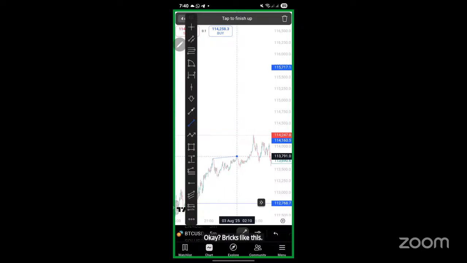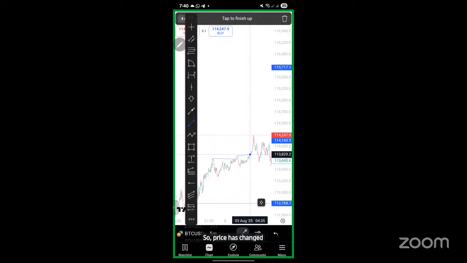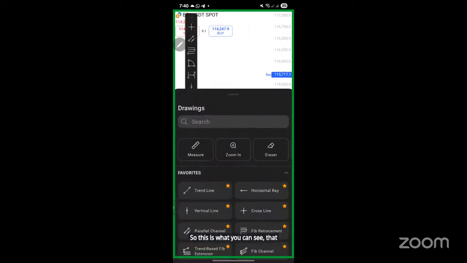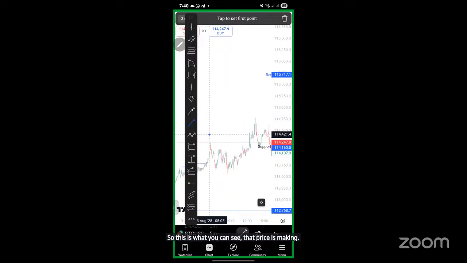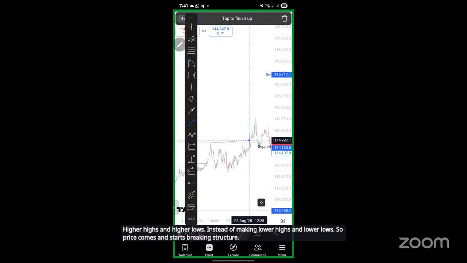So price has changed character, and now it is breaking some structures to continue with its upward trend. Price is making higher highs and higher lows instead of lower highs and lower lows. So price starts breaking structure in the smaller time frame.